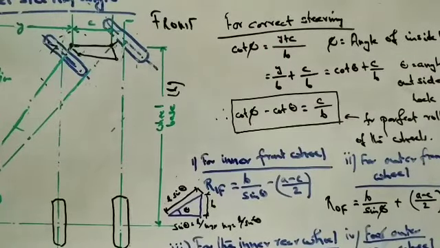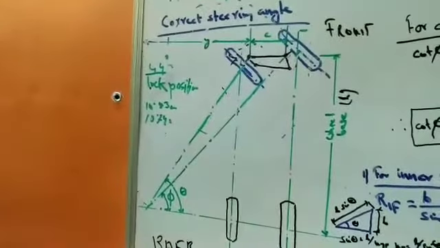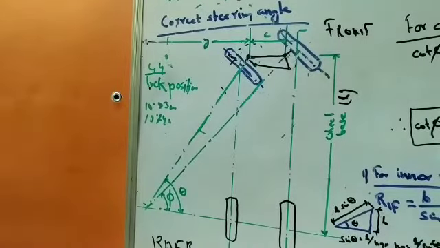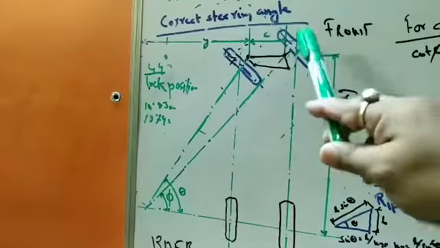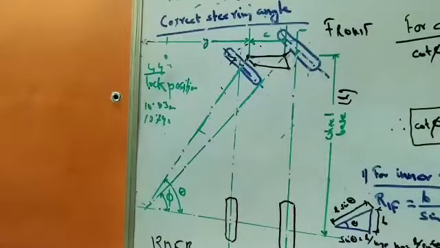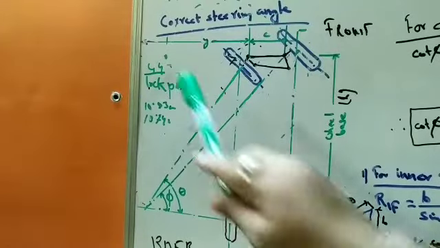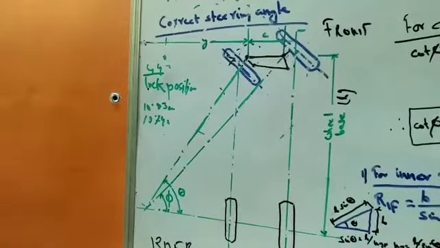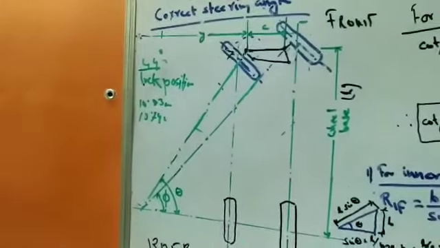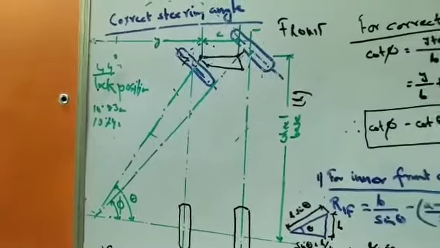For the inside circle, because this is a left turn, this is the outer circle and this is the inside circle, cot phi is equal to (y plus c) by b, where phi is the angle of the inside block.